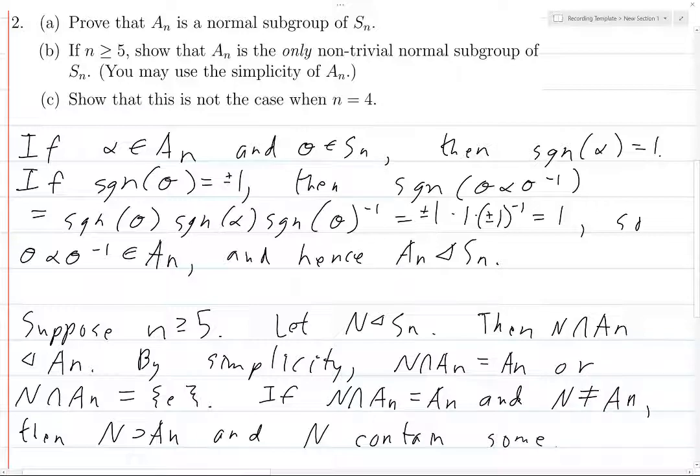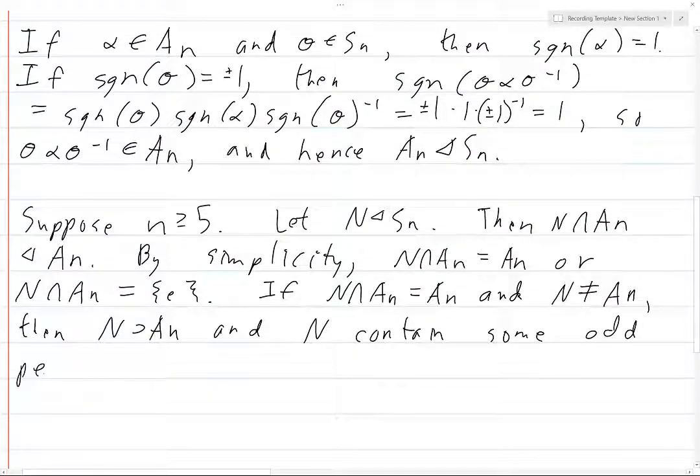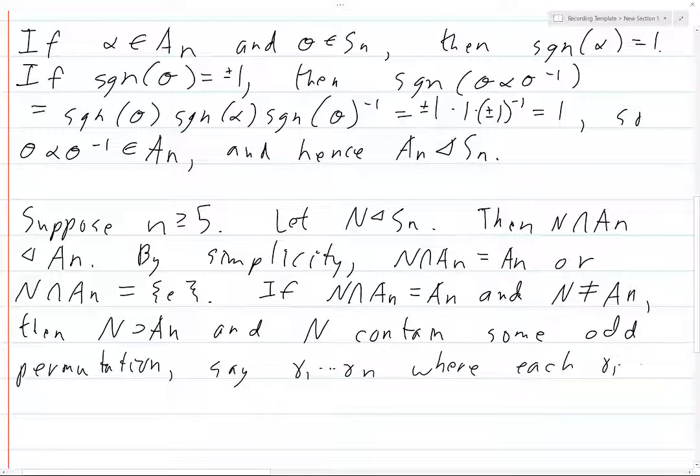So it must contain some odd permutation, say gamma 1 through gamma n, where each gamma i is a transposition and n is odd.